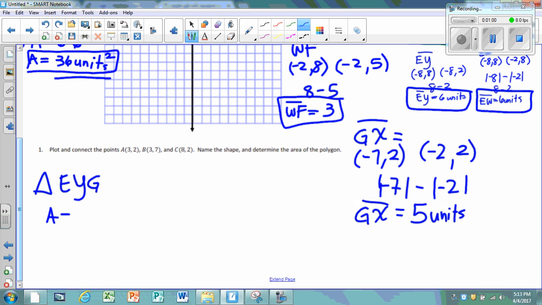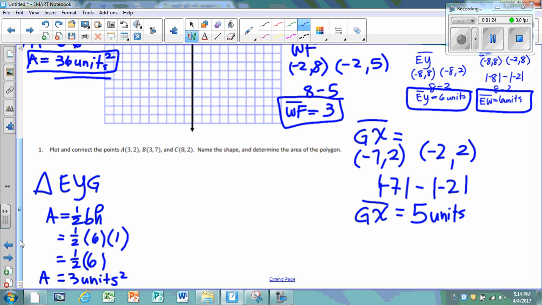So area equals half base times height. We said we had a base of 6. So half 6 times 1. And then that means half of 6, and half of 6 is 3. And that would be units squared, because they haven't told us what unit we're using here, so we just write unit squared.